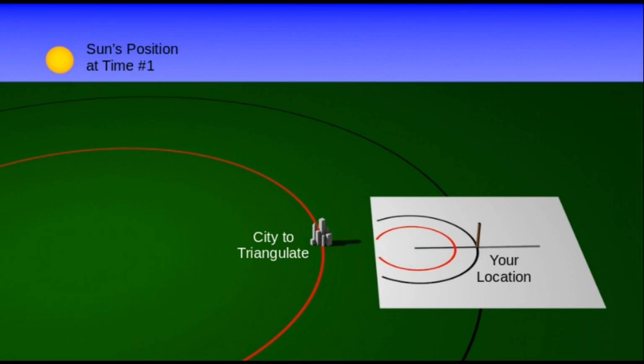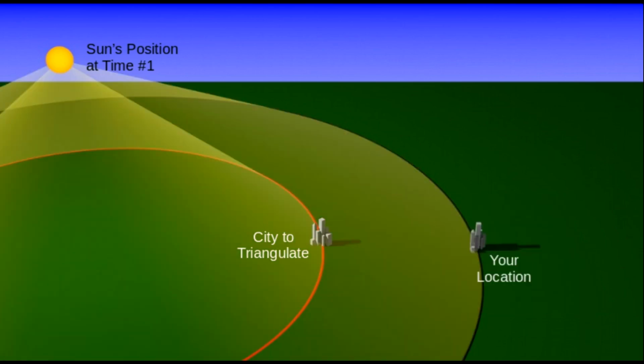You didn't have to have an actual sun there. This is all imaginary. You're just drawing circles with the radii equal to the shadows. And those two circles represent these cones of sun rays.